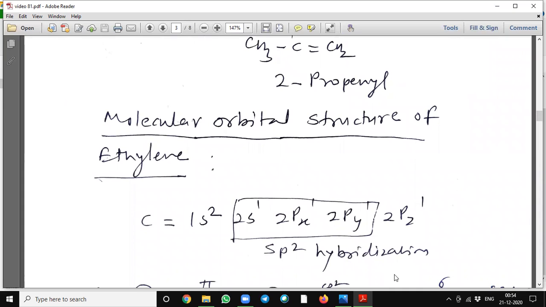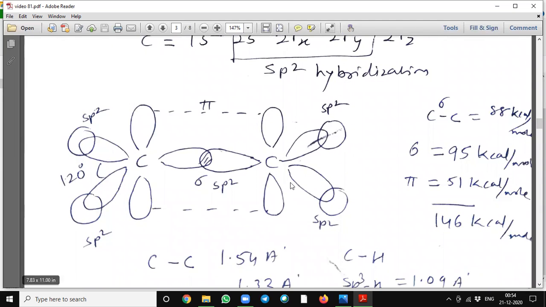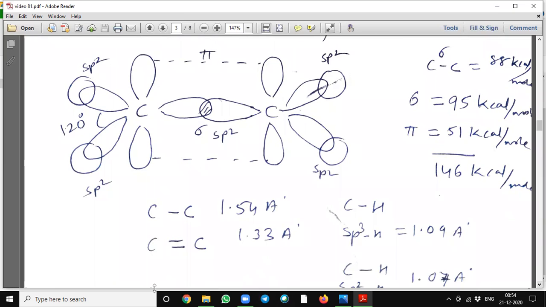Molecular orbital structure of ethylene: it has sp2 hybridization. See the molecular structure, bond angle is 120 degrees. It contains one sigma and one pi bond. As we know, carbon-carbon single bond length is 1.54 angstrom.